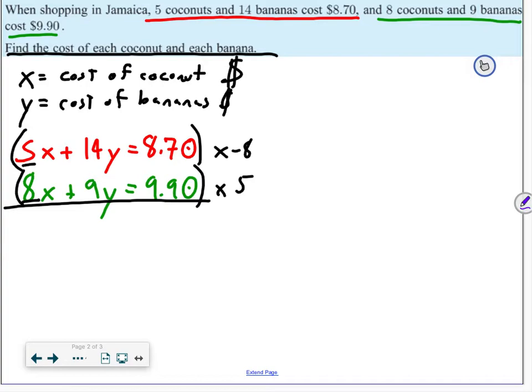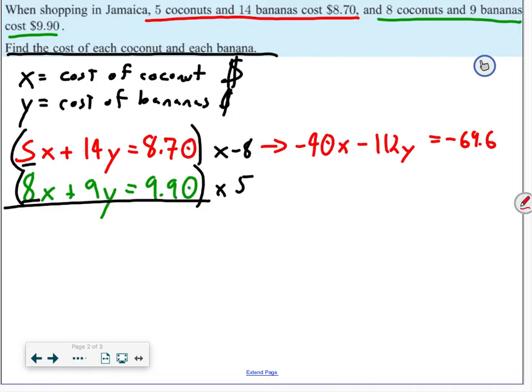So after I multiply this equation out by -8, every single term, I'm going to get -40x plus 14 times -8, which is -112y, and then 8.7 times -8, using my calculator, I'm going to get equals -69.6.